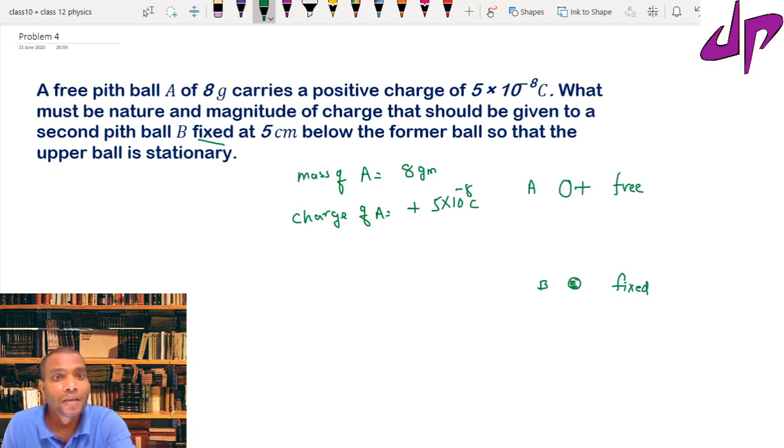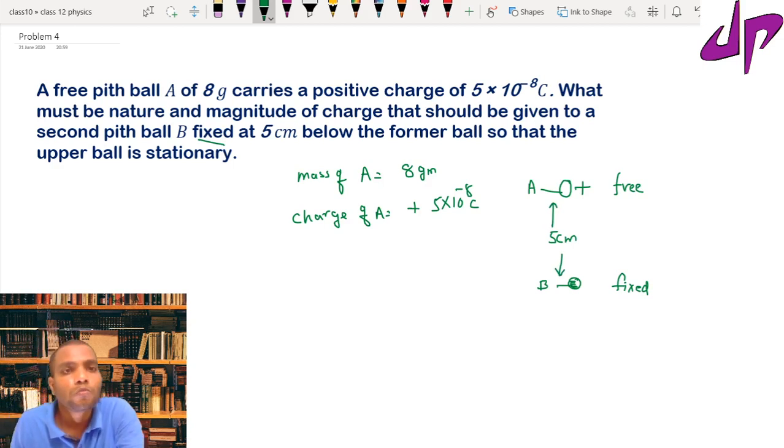Now what must be the nature and magnitude of a charge that should be given to the second pith ball at a distance of 5 centimeters? So the distance between them equals 5 centimeters. Now we have to calculate the magnitude and nature of the charge below A.